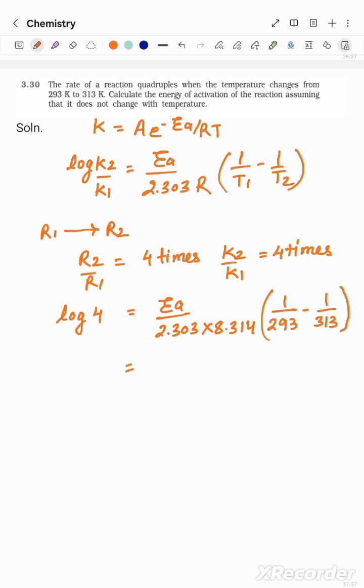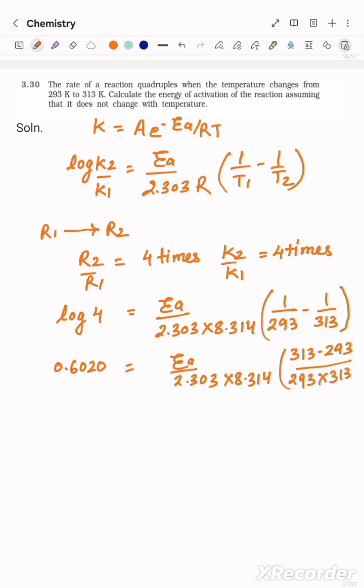Now log 4 value is 0.6020, and EA upon 2.303 multiplied by 8.314 times 313 minus 293 upon 293 multiplied by 313.